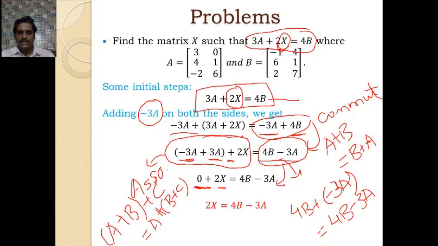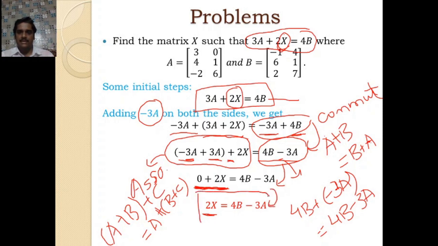And after that, here we apply your property number 3, existence of 0. What was that property? That property says if 0 is added to any matrix, or any matrix added to 0, there won't be any effect on that matrix. So there won't be any effect on 2x, 2x remains 2x. And this comes as it is.